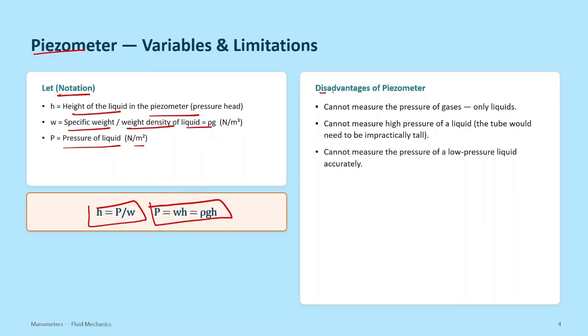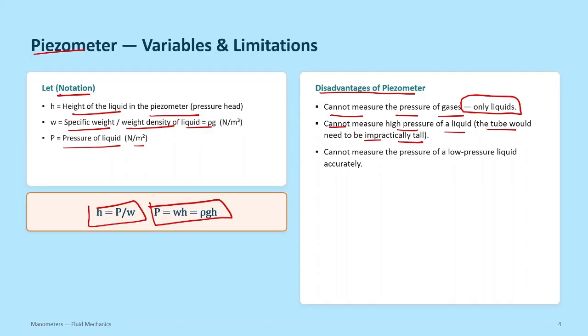Here are some disadvantages of the piezometer. The piezometer cannot measure the pressure of gas. It means it can measure the pressure of only liquid. It cannot measure high pressure of liquid, because the tube would need to be impractically tall.